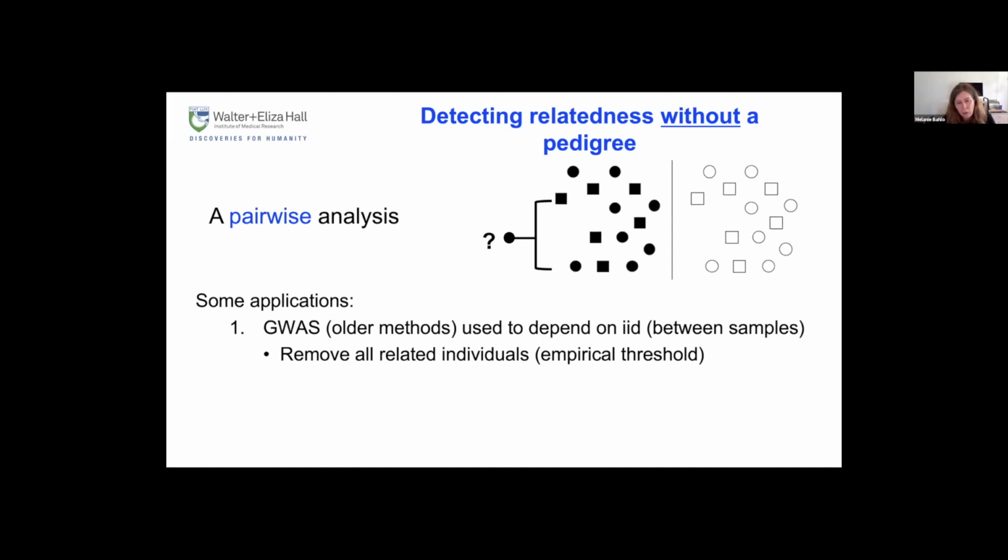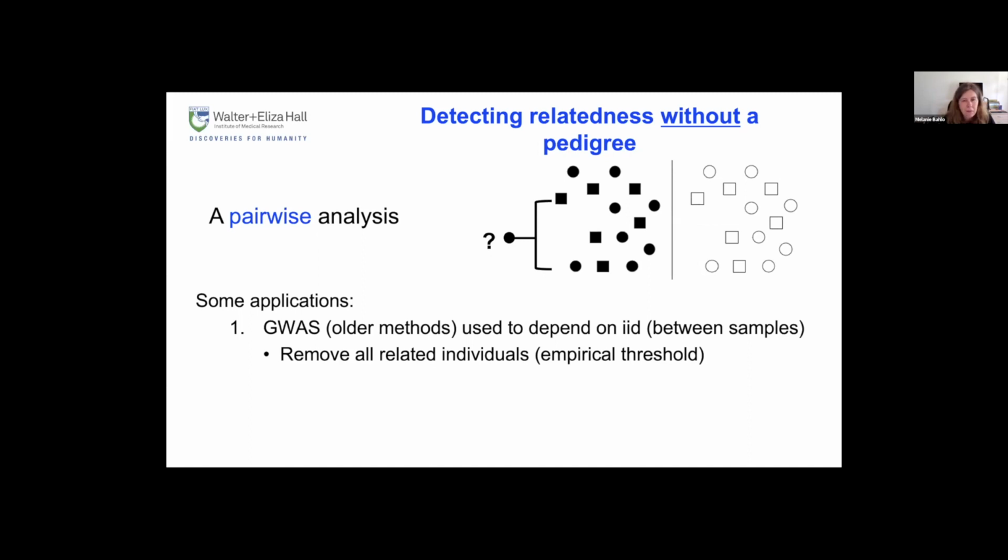And if they were, people would prune those individuals, well, one member of the pair out, because they went against the assumptions of the GWAS test statistics that were used pre-2015. So either, for example, Fisher's exact test, where you've got independent, identical distributional assumptions, or, for example, logistic regression models, again, where in that framework you were assuming independence between samples.